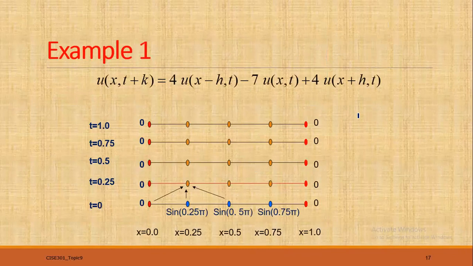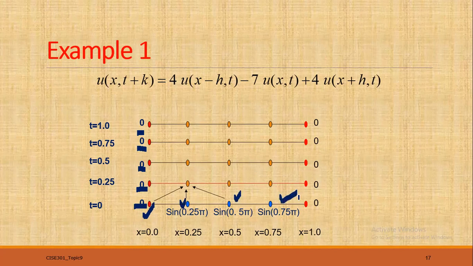Similar way. So this value is t equal to 0, then t is 0.25, t is 0.5, t is 0.75, and t is 1. And x is equal to 0, x is 0.25, x is 0.5, x is 0.75, and x is 1.